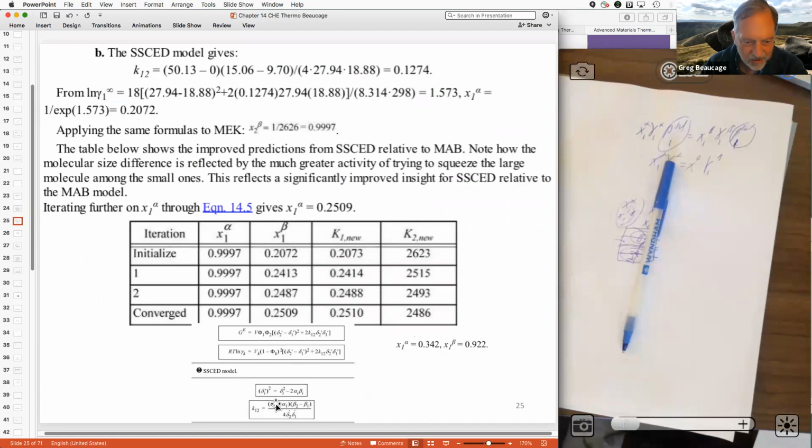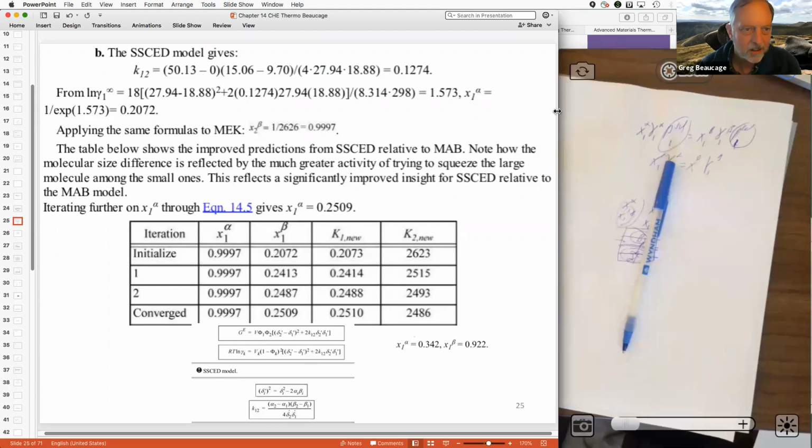The k calculates through the acid base and the dells. It's like a hodgepodge of MAB and Flory-Huggins mixed together, this SSCED. Right? So it's basically also going to just give you a gamma, which is what you want from it. Right?